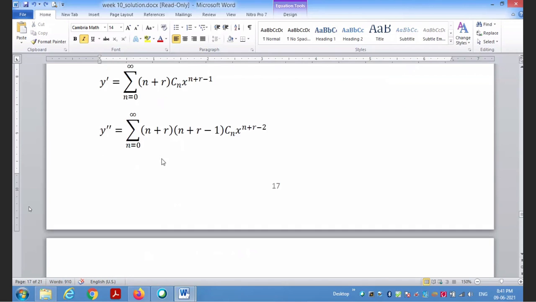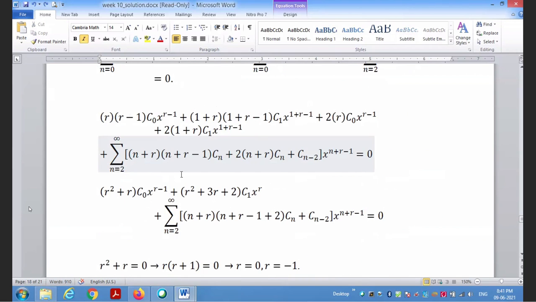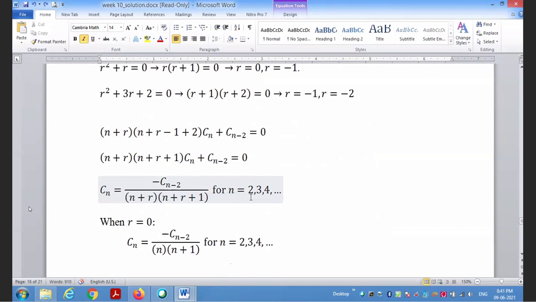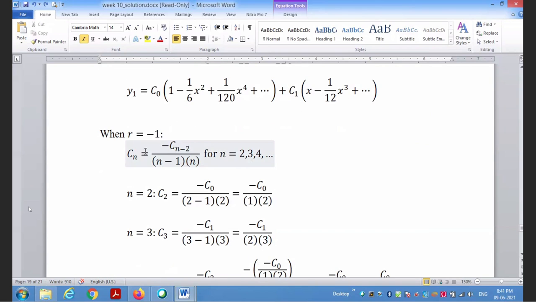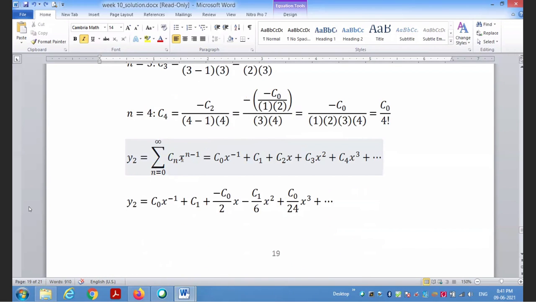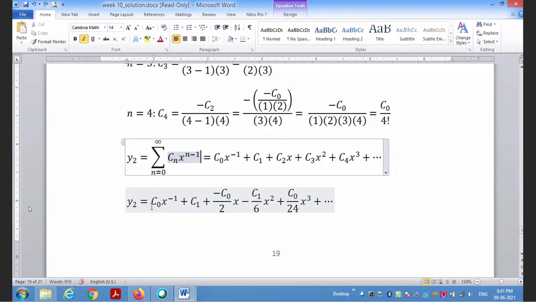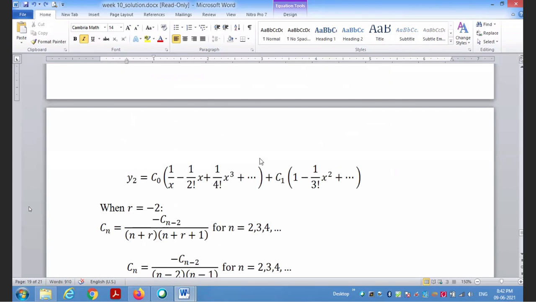For y1, r equal to 0; for y2, r equal to minus 1, so here will be x^(n-1). Don't be careless on this one. So y2 equals, we just replace the coefficients, and we can break it into 2, one depending on C0 and the other on C1.